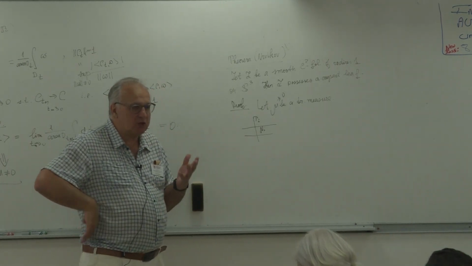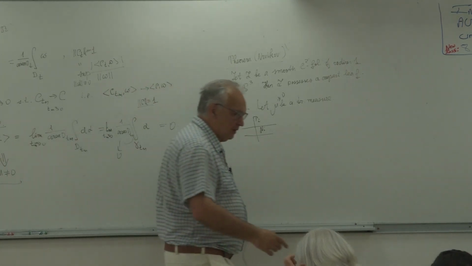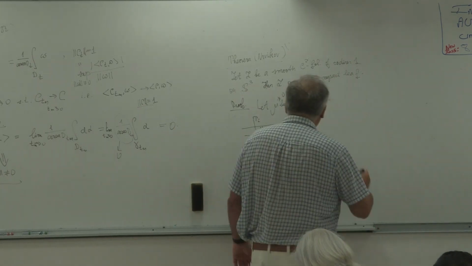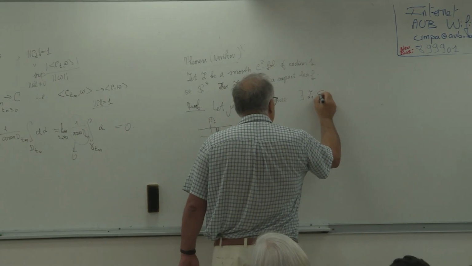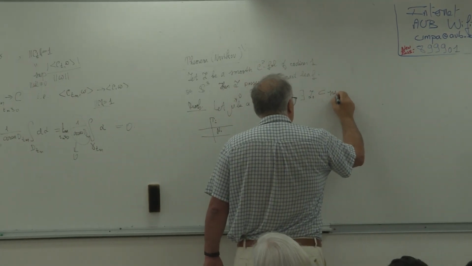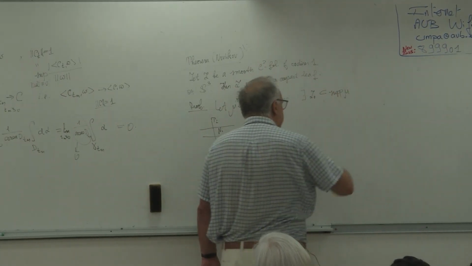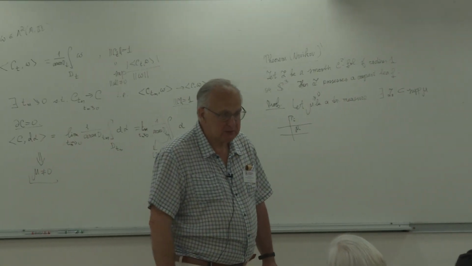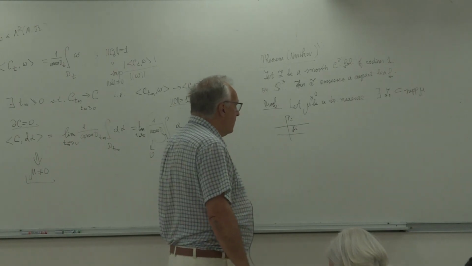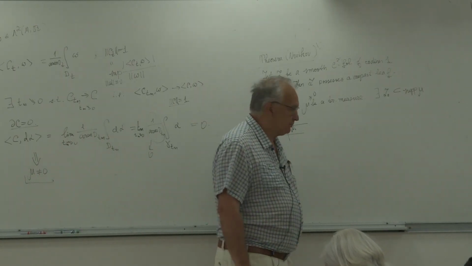Now, as I said, we have a non-zero measure, and therefore the support of this measure contains some leaf. So there exists a leaf L0 which is in the support of mu. I want to prove that this leaf is compact. Suppose it is not.